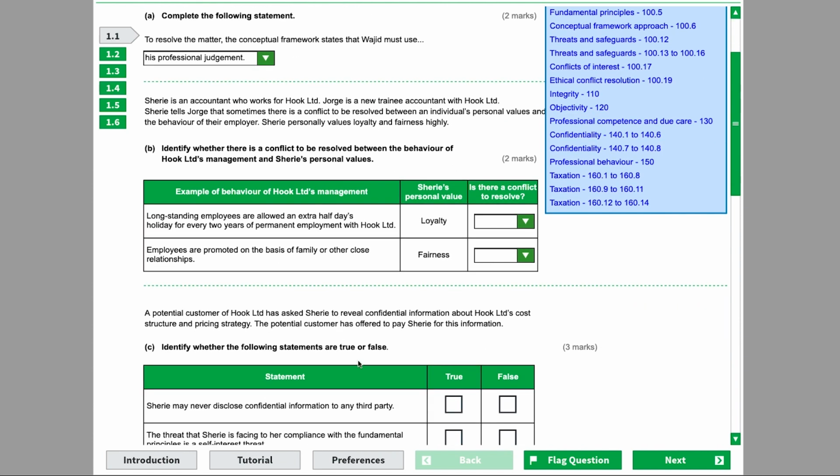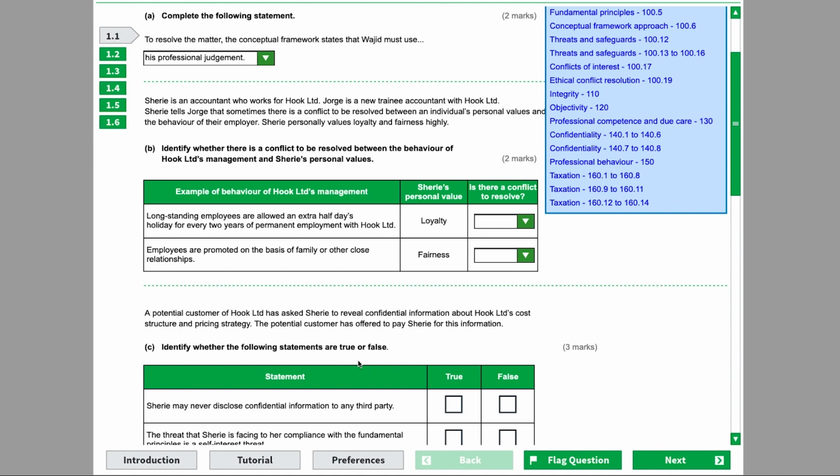So Sherry is an accountant who works for Hook Limited. Georgie is a new trainee accountant with Hook Limited. Sherry tells Georgie that sometimes there is a conflict to be resolved between an individual's personal values and the behaviour of their employer. Sherry personally values loyalty and fairness highly.